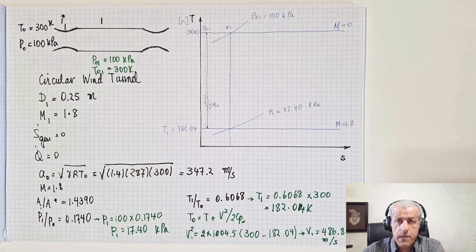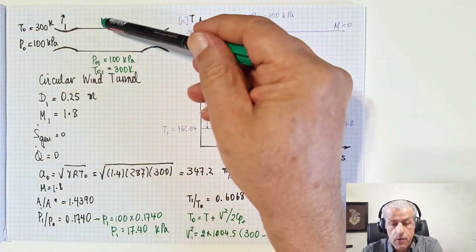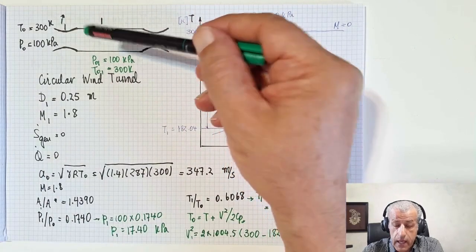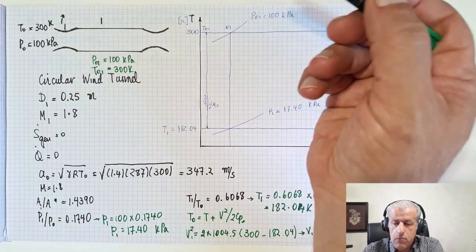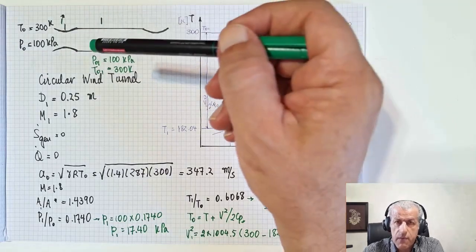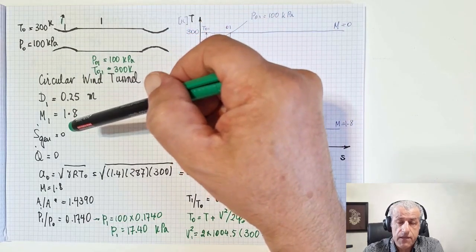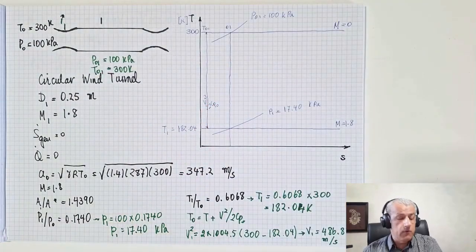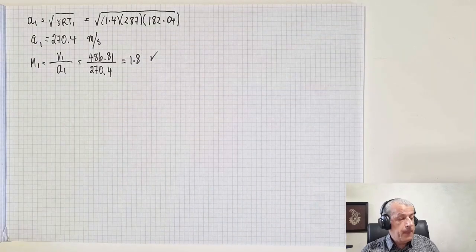Now, up until now, for point 1, we know P0, T0, V, A, P1, and T1. So we have almost all the information we need about point 1. And since we also have the diameter, we could calculate the mass flow rate at point 1, and that's what I'm going to do now.